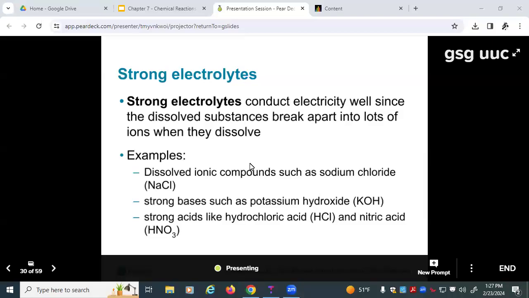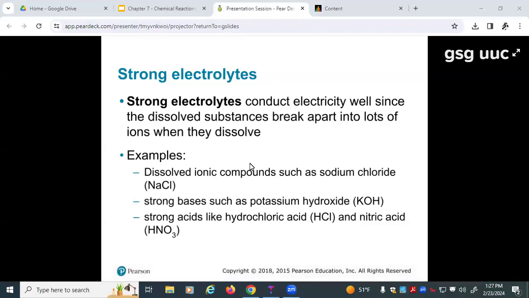If we recall, the last thing that we did on Wednesday was we started to talk about the three different types of electrolytes. Remember, electrolytes are substances that can conduct electricity. And they come in three forms.